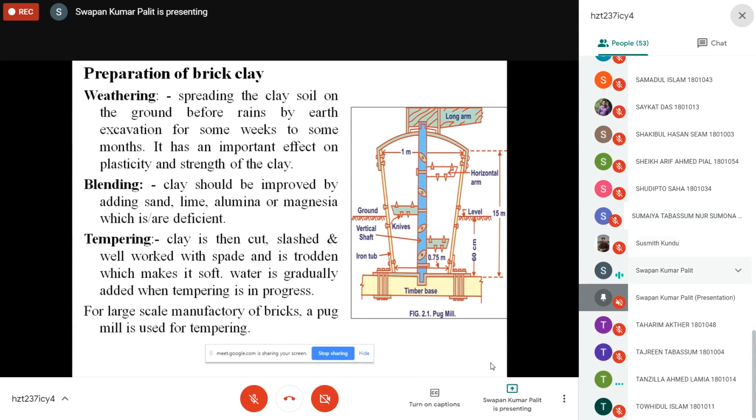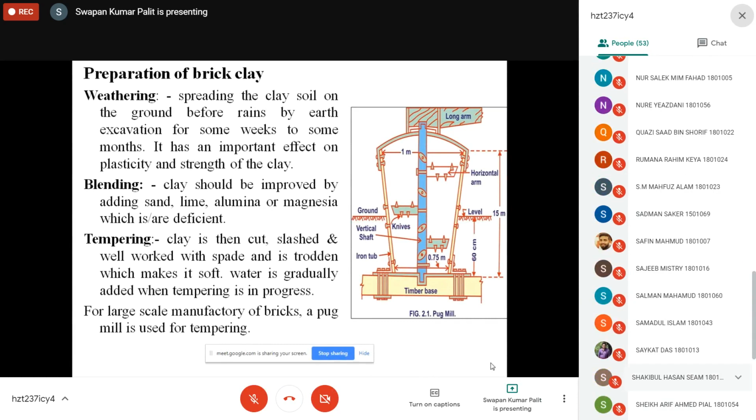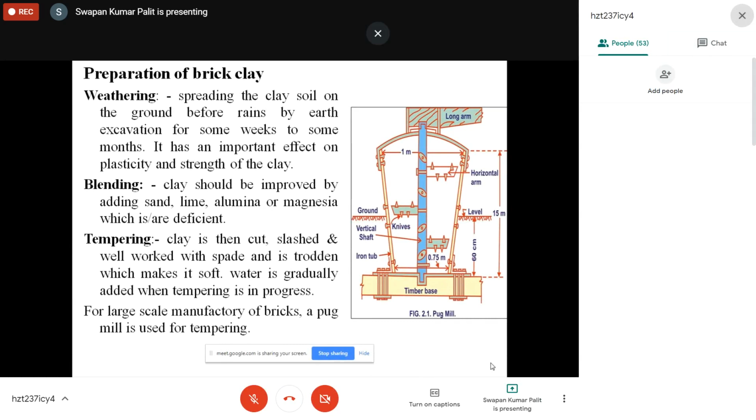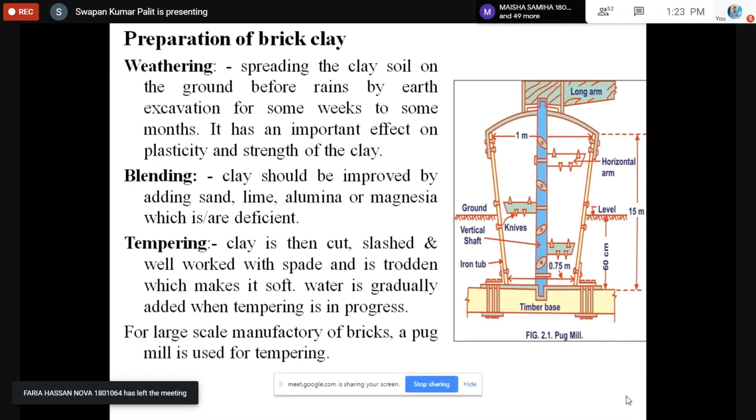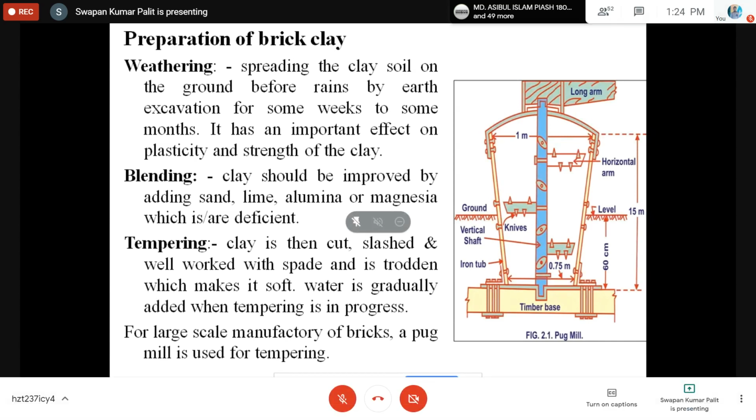So in the book you can find this working principle. I am not writing it here because it is lengthy. So you can read and understand easily. Okay. So for preparation of brick clay, there are 3 steps. First of all, weathering. Second one is blending. Third one is tempering.